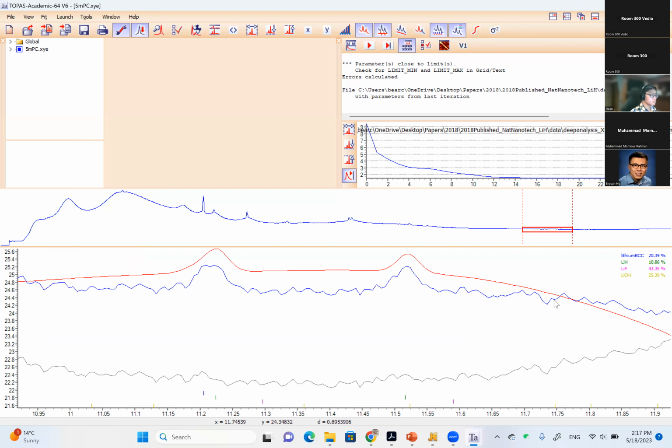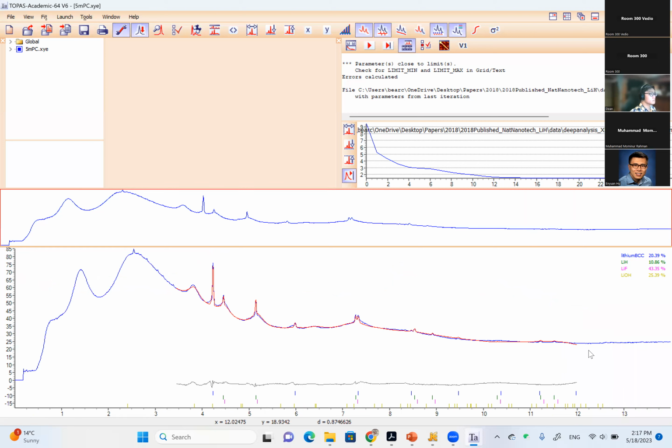So the higher end you can choose on the basis of finding a well-defined peak. For example, you probably can also limit your higher range to somewhere around 11.3 or something, so you do have clear peaks. Otherwise, it becomes more noisy. So this is the selection of the data range.